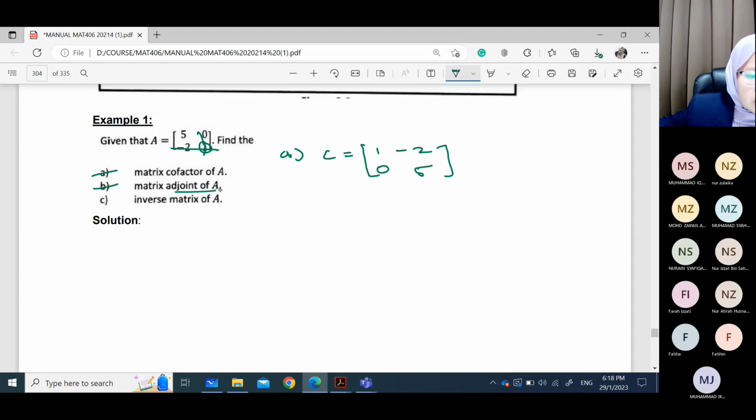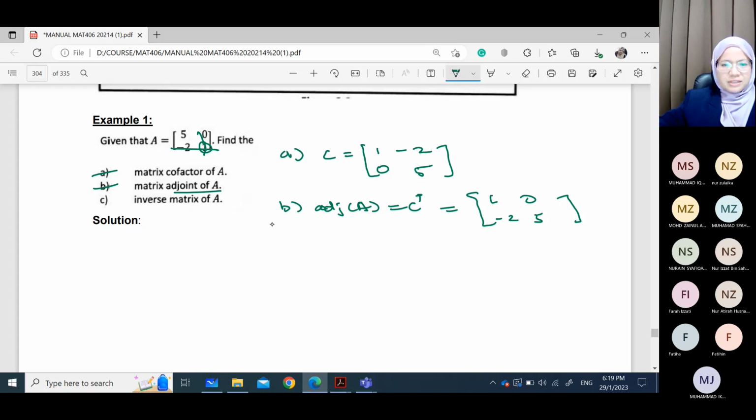So adjoint of A, A D J A, it is equivalent with C transform. You transform saja. So 1, 0, negative 2, 5. Macam tu. Inverse apply je. Yang negatif positif, positif negatif ada ke dekat cofactor transform? Ya, kena apply. So ni plus, minus, minus, plus.